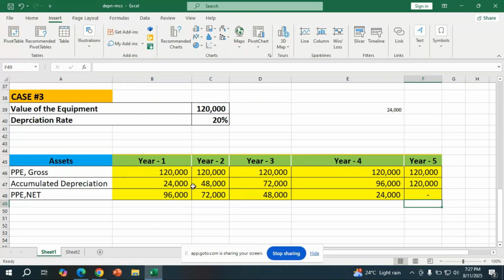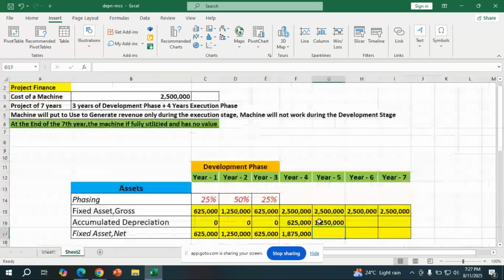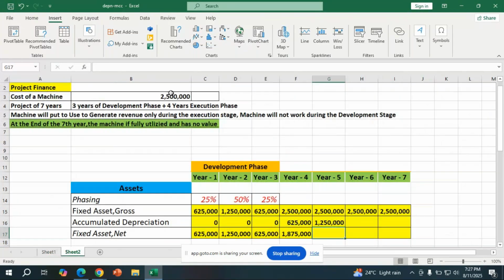So we had to add the previous years with the current year's depreciation. The same way here also it follows. Value of the asset divided by 4, 6 lakh 25, plus the value of depreciation of the last year, which is 6 lakh 25. So current year's plus the last year's. So we arrive at 12 lakh 50,000. Which means your net value should be 25 lakh minus 12 lakh 50.